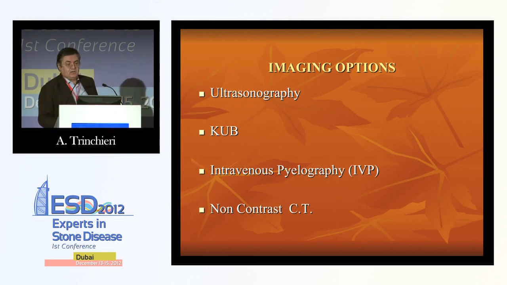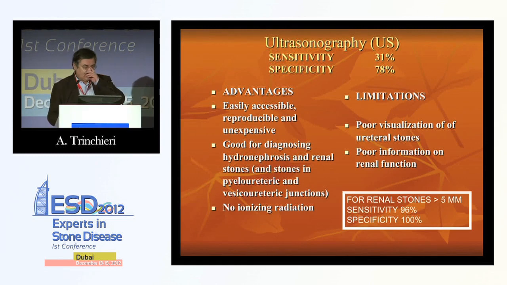If we look at ultrasound, what we can say is that ultrasound has a very high sensitivity for renal stones larger than 5 millimeters, and is also very good for diagnosis using hydronephrosis and, in this case, the presence of the stone.